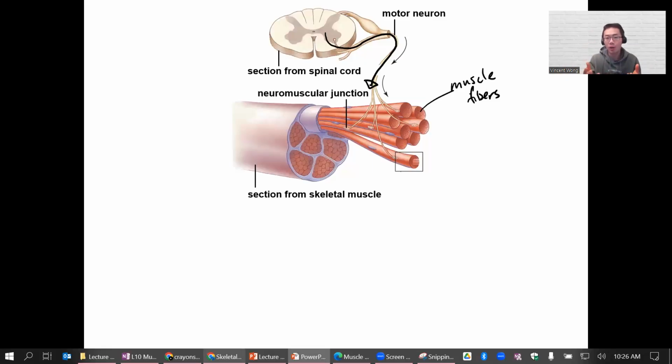You might have one motor neuron that controls 100 or 200 muscle fibers in the thigh, as opposed to in your hands. Do you understand? So for fine control motion, for muscles that require very delicate movement, like the hand, you have a low ratio between motor neurons and muscle fibers.